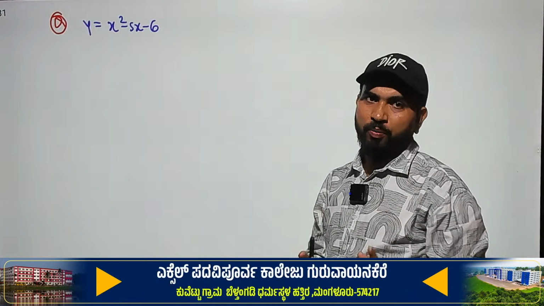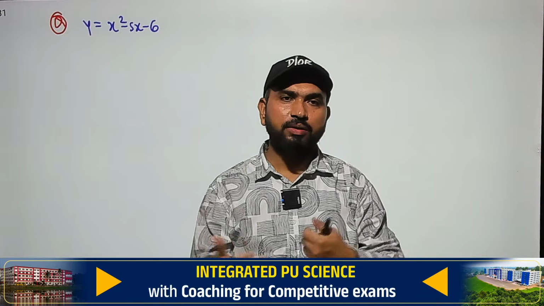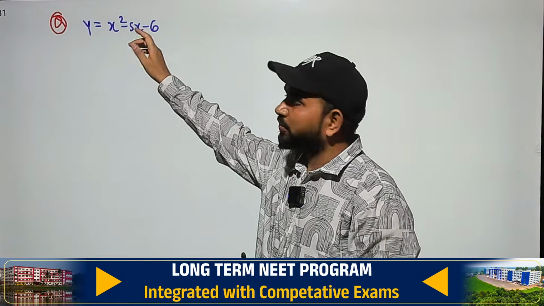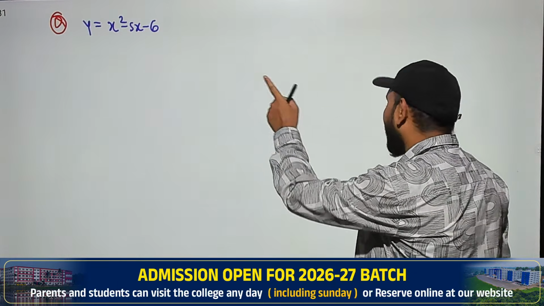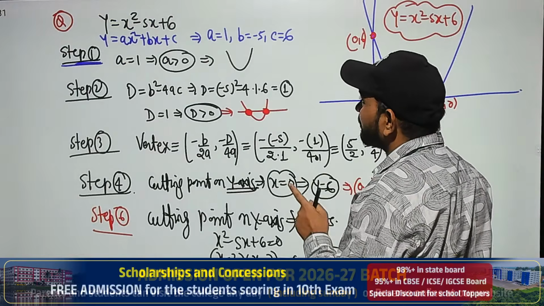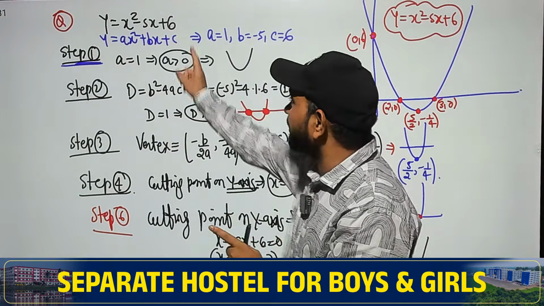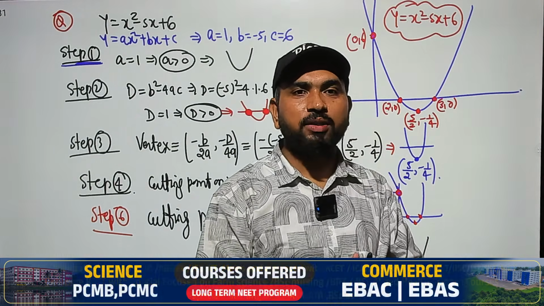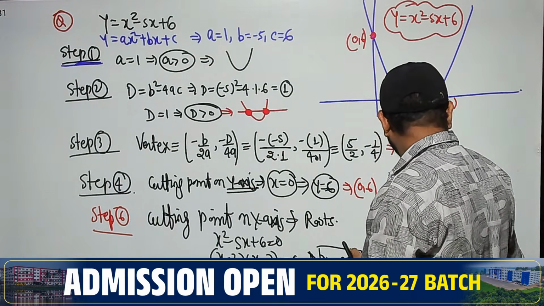Do it properly, then identify any step where there is difficulty, and ask. The function is different. Don't think the previous one; now x square minus 5x minus 6 is given. In the previous question, x square minus 5x plus 6 was coming. So the quadratic is different, so a different graph will come. But try to make the graph of this function.